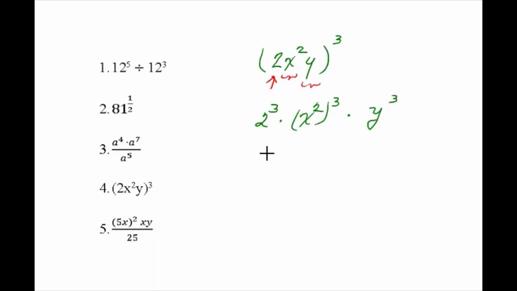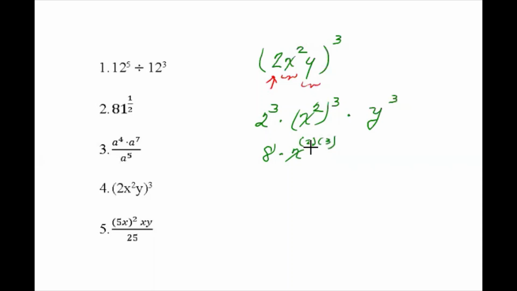Now 2 to the 3rd power I happen to know is 2 times 2 times 2, so that's 8, so I can just write that in. Multiplied by, now what you want to take a look at here is right here. I have a power, and then this is raised to a power, okay? And remember, we have a rule that deals with that. That rule says that we multiply the exponents. So what I'm going to have here now is x raised to the 2 multiplied by 3.